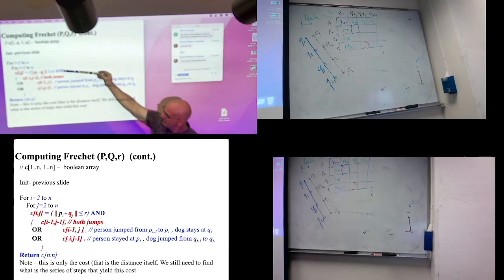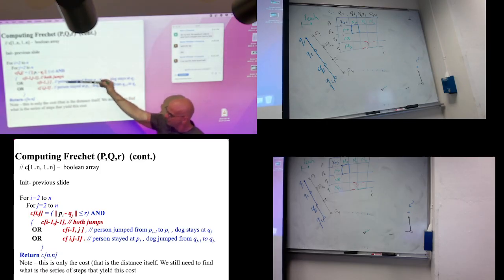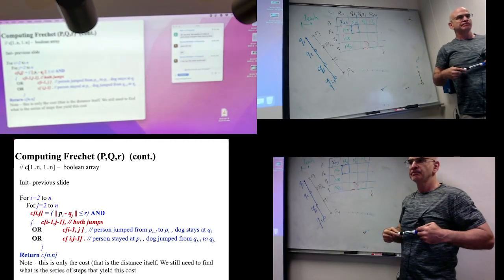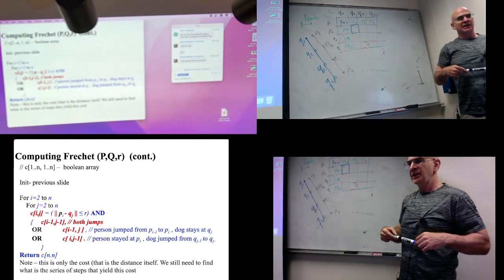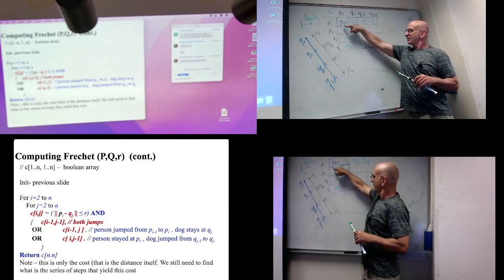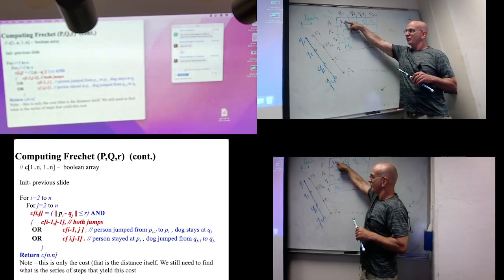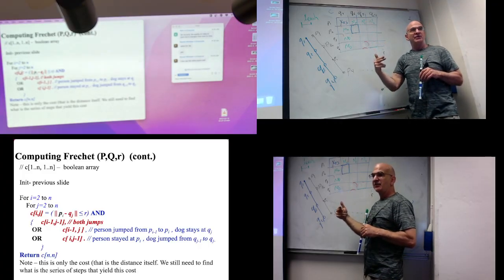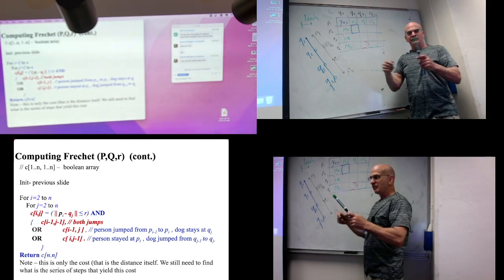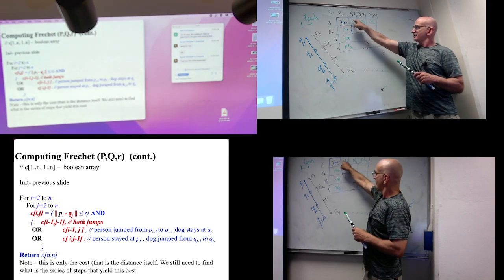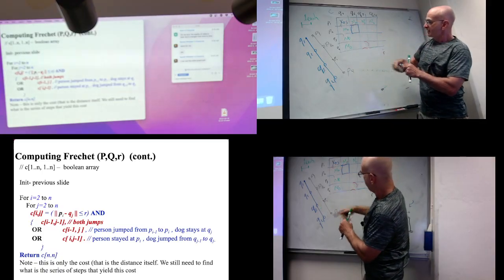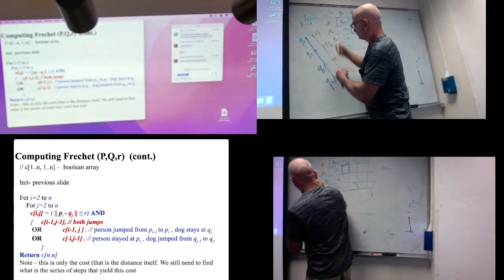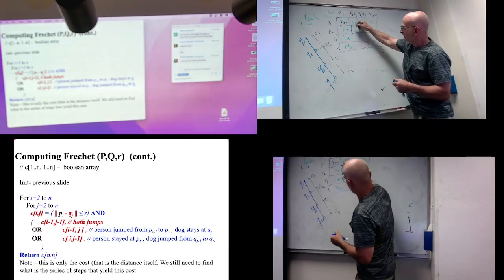And let's look at the following three conditions. I need to check, from this cell, the cell to my left, the cell above me, and the cell diagonally from me, and ask, does any of them contain yes? And the answer is yes, this cell is yes. This one no, no, yes, and the distance between P2 and Q2 is less than R, so I'll write yes.